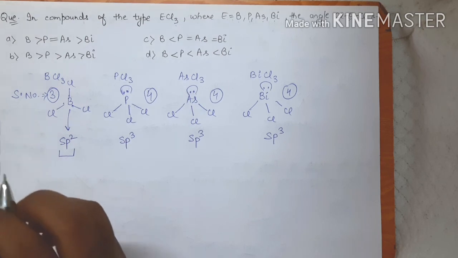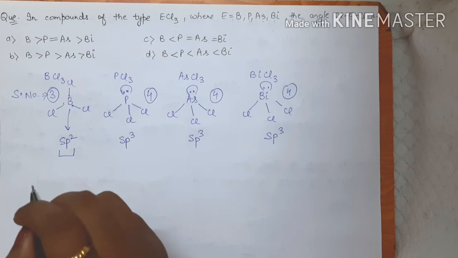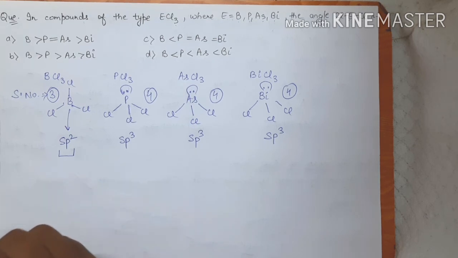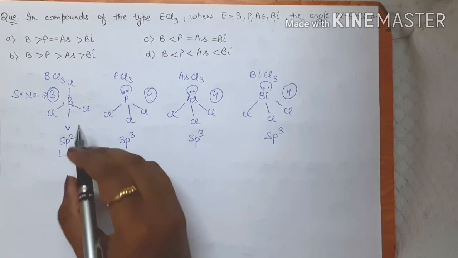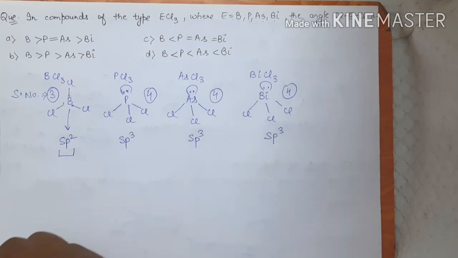Before going into the next step, I want to tell you that you should know how to apply the concepts. We have discussed in the chemical bonding videos that first we have to look for the hybridizations while looking for the angles in the molecules. That's why I first found the hybridizations in these molecules.